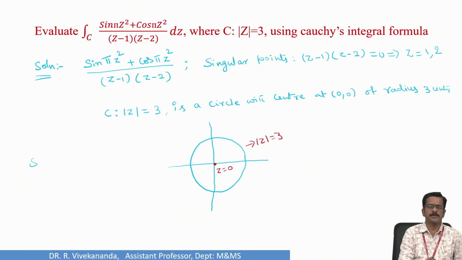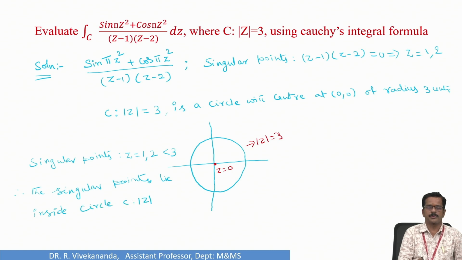The singular points are z equals 1, 2, which are less than 3, the radius. Therefore, if the singular points are less than the radius, they lie inside the circle mod z equals 3. Both lie inside, not only one.